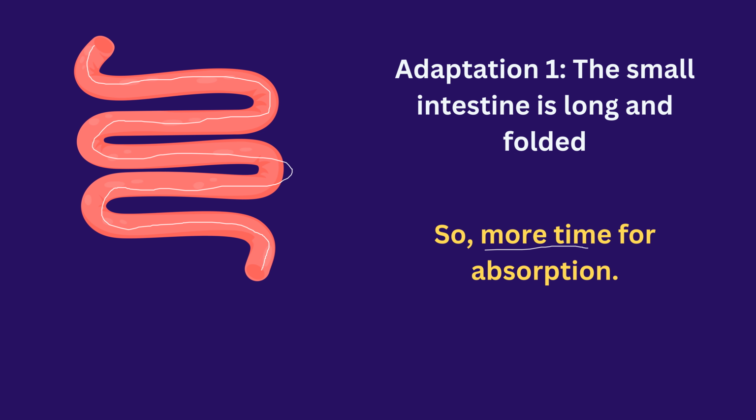Remember, the aim is to get the nutrients out of the small intestine and into the blood before it gets to the large intestine, because that is where feces is formed. Once the nutrients get into your large intestine, there's no going back, right? It is going to be released from your body as waste.